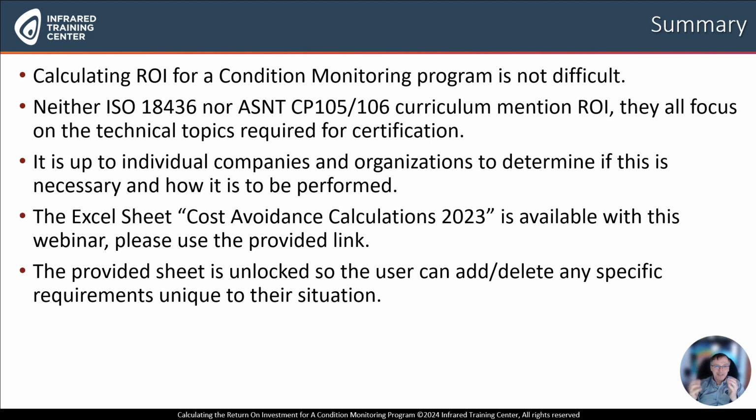Okay, so the certification standards that we have out there for infrared thermography, and of course lubrication and vibration and ultrasound, etc., are focusing on the technical topics required for certification. Okay, and so there really isn't any place in the curriculum for us as a training organization to add this in. But hopefully this webinar has been helpful to you. And it's up to individual companies. You can say, hey, this is great, or no, this is fantasy. It's entirely up to you.